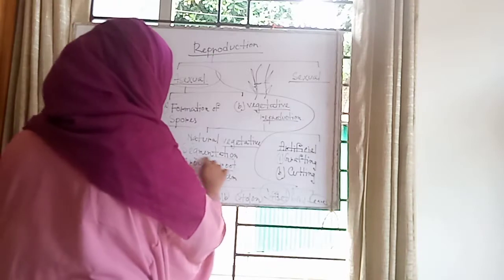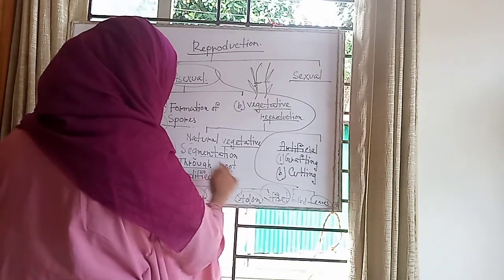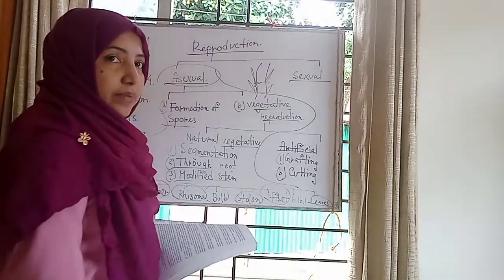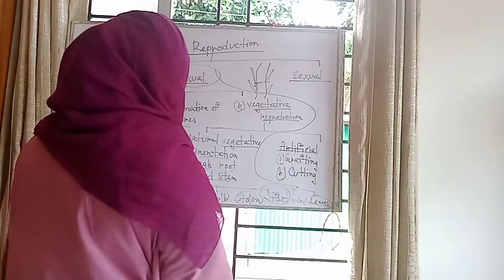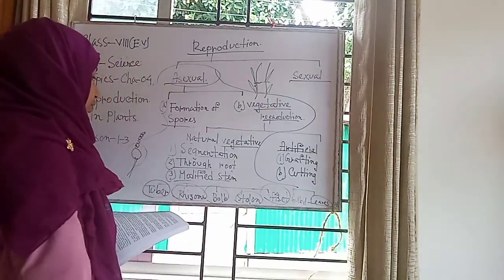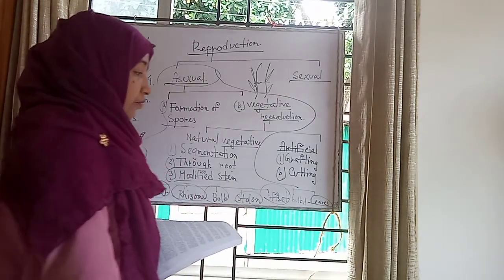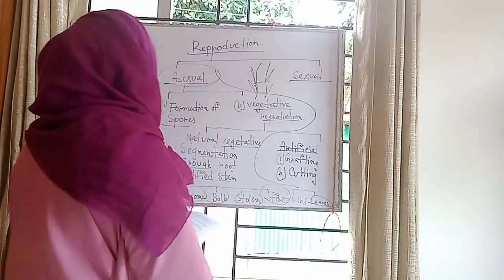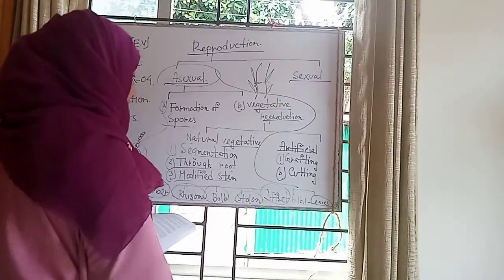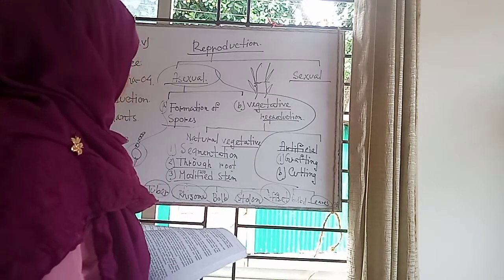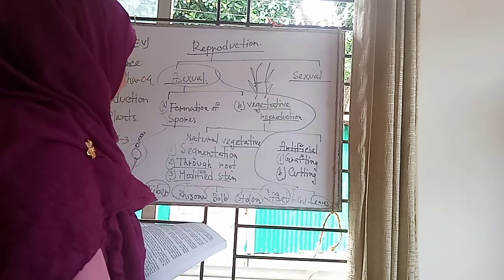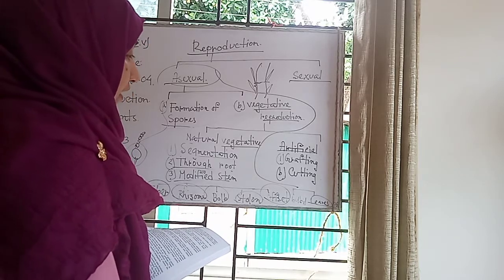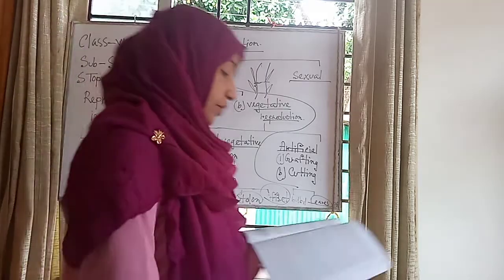First type is segmentation, second is through root, third is modified stem, and the fourth is from leaves. We have explained these and given examples. In modified stem we have five types: the first is tuber, second is rhizome, then bulb, stolon, offset and bulbil.